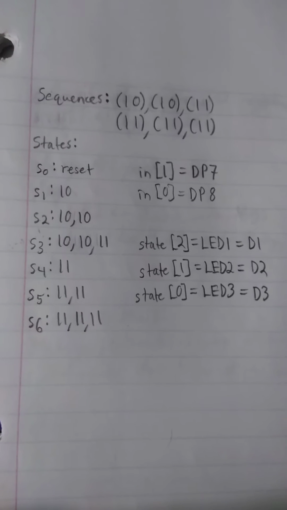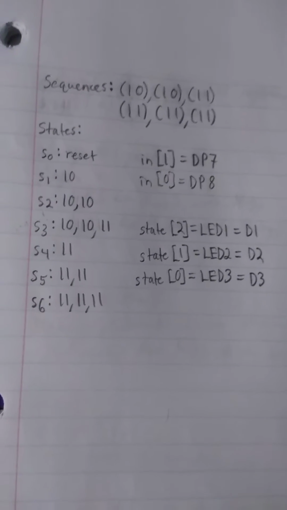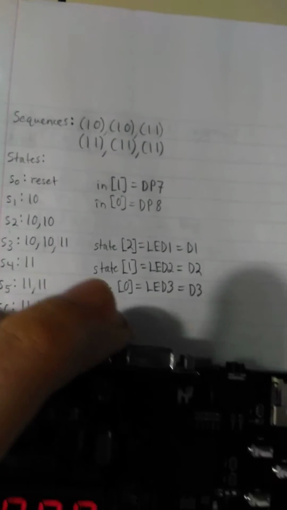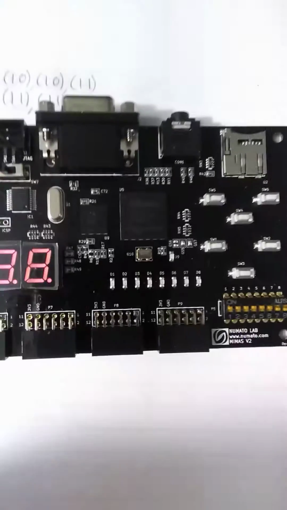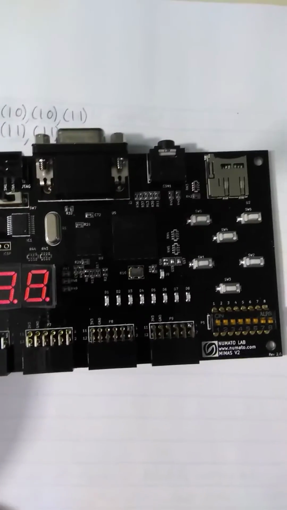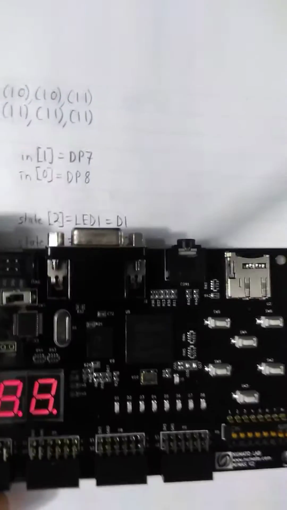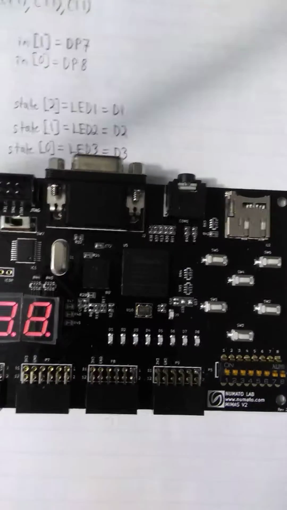Okay, so with that said and done, I'm now going to demonstrate how this is going to work on my board. I'm trying to make it visible. This might be a little hard to see, but as you can see here, everything I have corresponds.